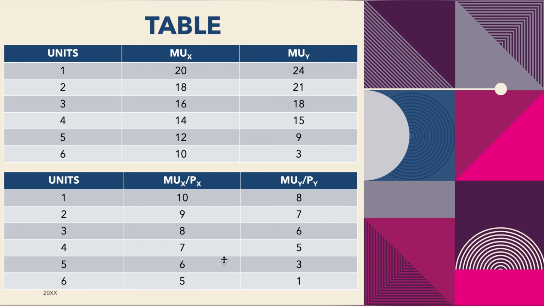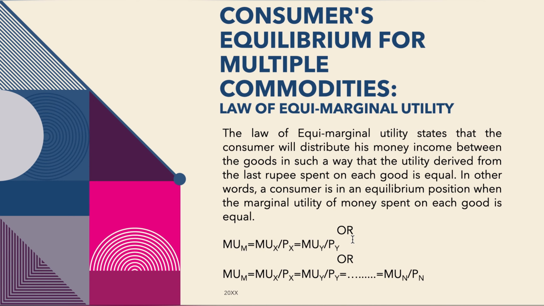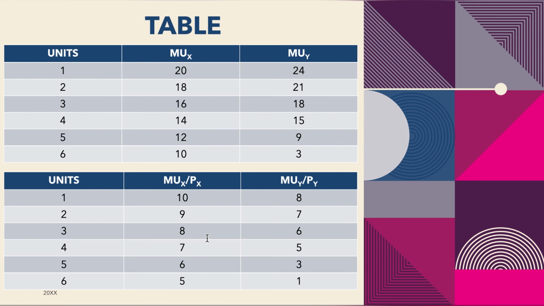We had studied earlier that these ratios must be equal in order for a consumer to reach his equilibrium.